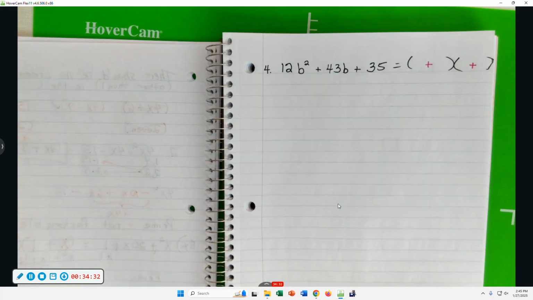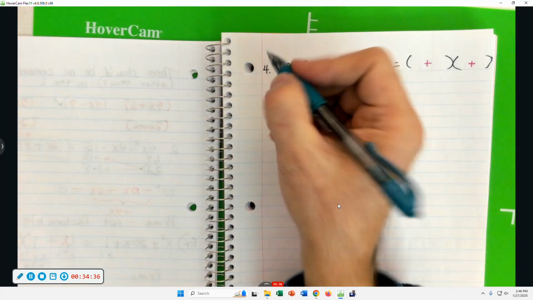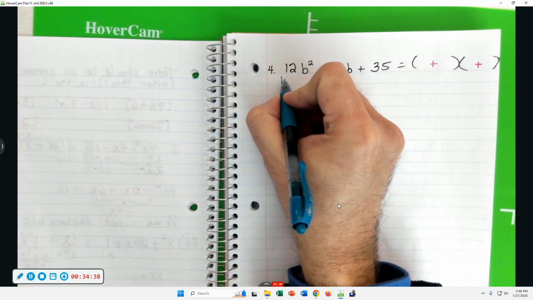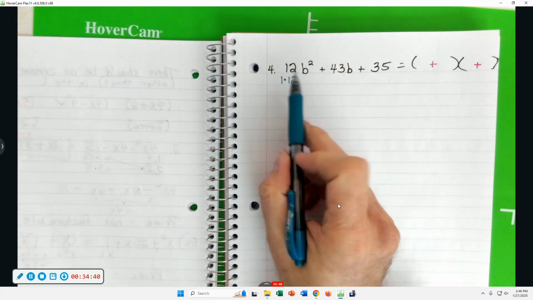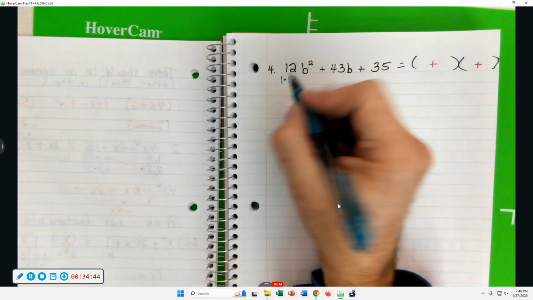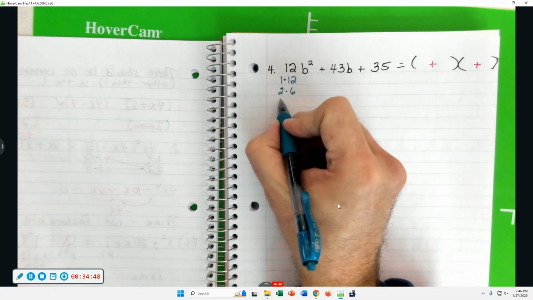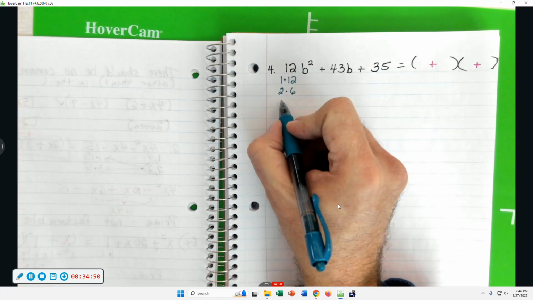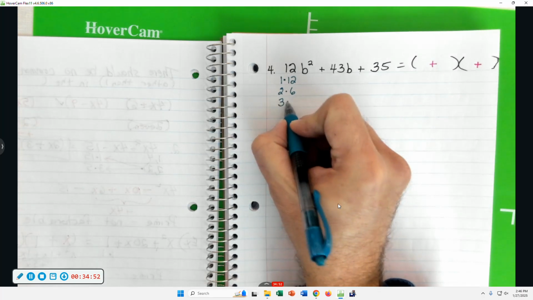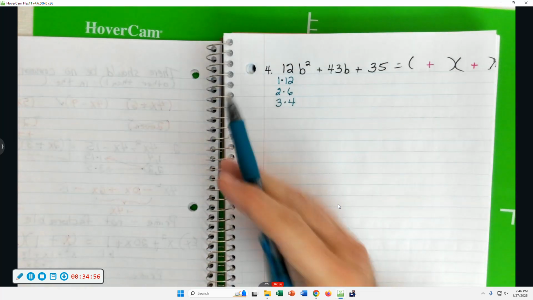Now, okay, oh wow. Remember years ago a student asking me, how am I getting these numbers? Numbers that multiply together to give 12: 1 times 12, 2 times 6, and there's another pair, 3 times 4. How do you know that? You've got your multiplication tables memorized.